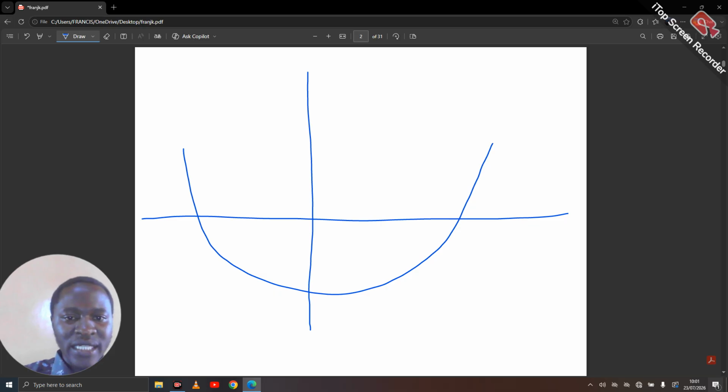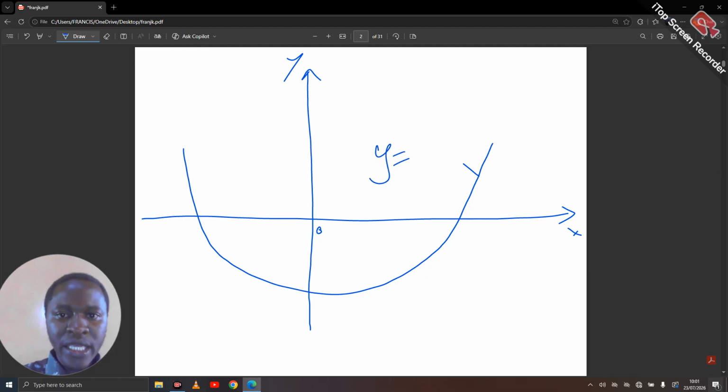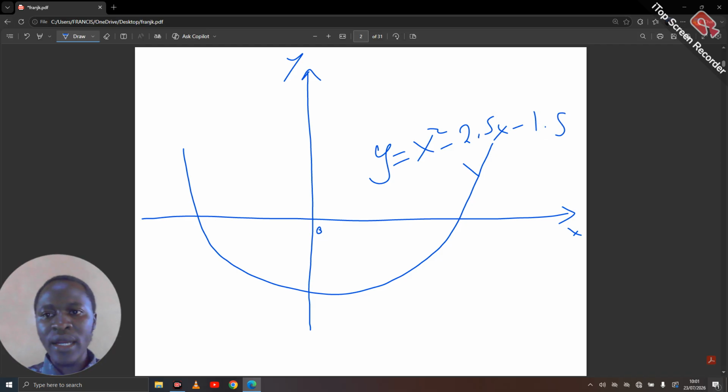Then the shaded part, here we have 0, this is y, x, y. So the function is given as y equals x squared minus 2.5x minus 1.5.